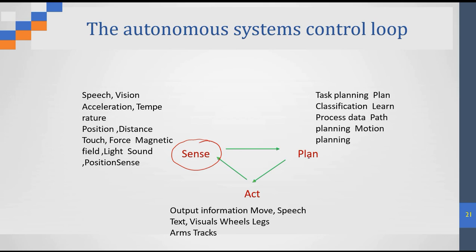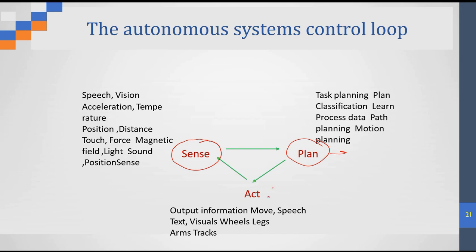After receiving, when we talk about artificial intelligence, this information that we sense, after processing it, we have to plan what is next. For example, if you receive it from the camera, you have to process this image. After that, you see what action you have to do. After planning, that is when we use some methods or algorithms to plan or make a decision.